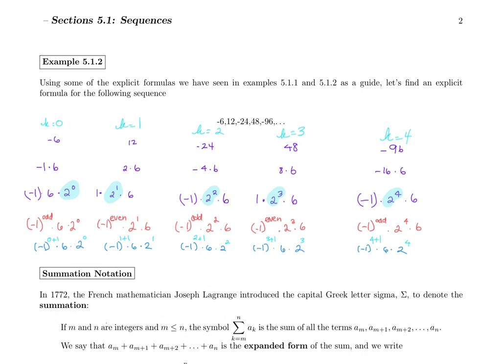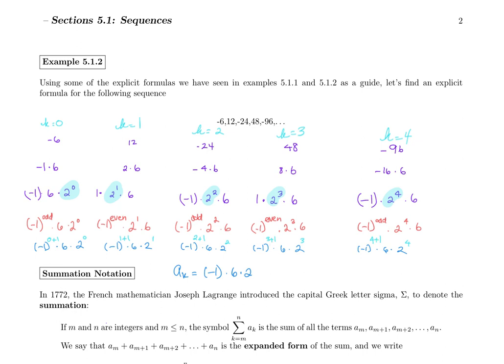So this can help us generalize our formula to say, okay, if we call this a sub k, we know we have negative 1, and it's going to be raised to a power. We know we have a 6, we know we have a 2, and we know that when k is 0, I added 1. When k is 1, I added 1. When k is 2, I added 1. When k is 3, I added 1. And when k is 4, I added 1.